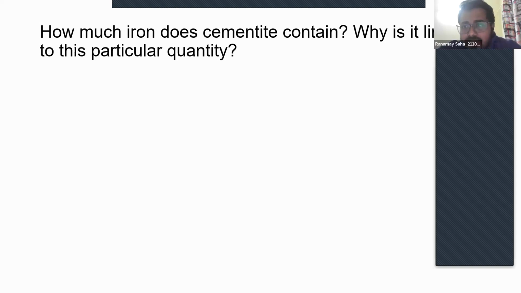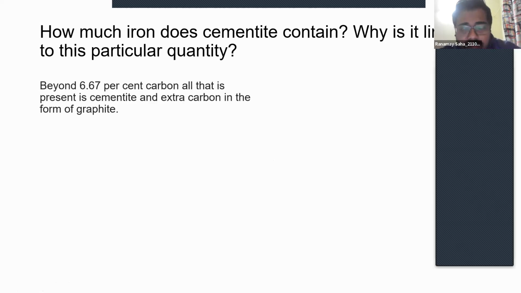Okay, but brittle materials are still used, right? So, have you heard about graphite? The pencils with which we write are actually made of graphite. After 6.67% carbon, graphite starts to form.